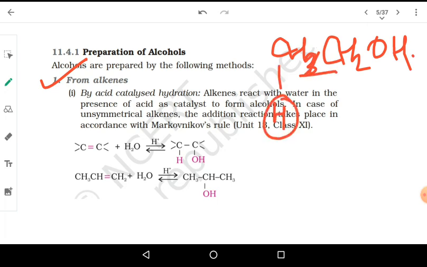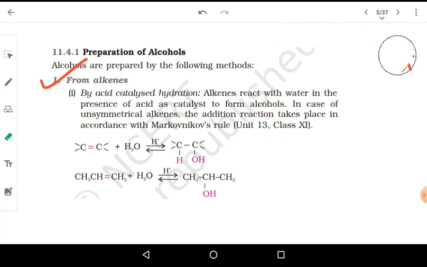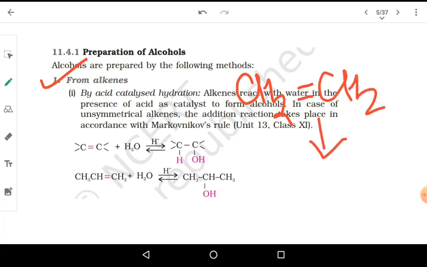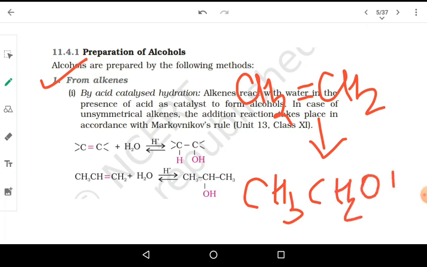If I remove this H and OH, then I will get an alkene, right? This is what we have studied. Now we have to do the reverse reaction. We have CH2 double bond CH2, and we have to convert it into CH3 CH2 OH.